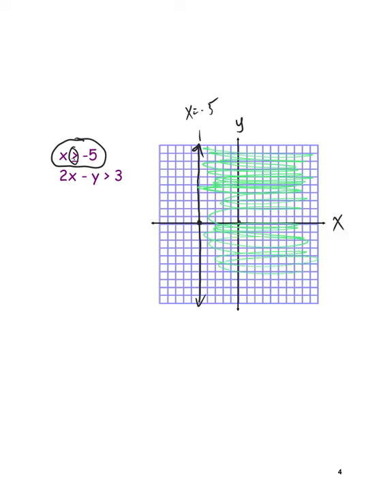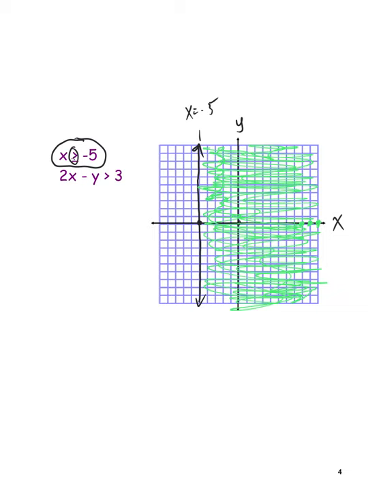So all of this area to the right would work for this first graph, where the x value for all of these points in the green is greater than -5. X is 10 here, 9 here, 8 here, and so on.